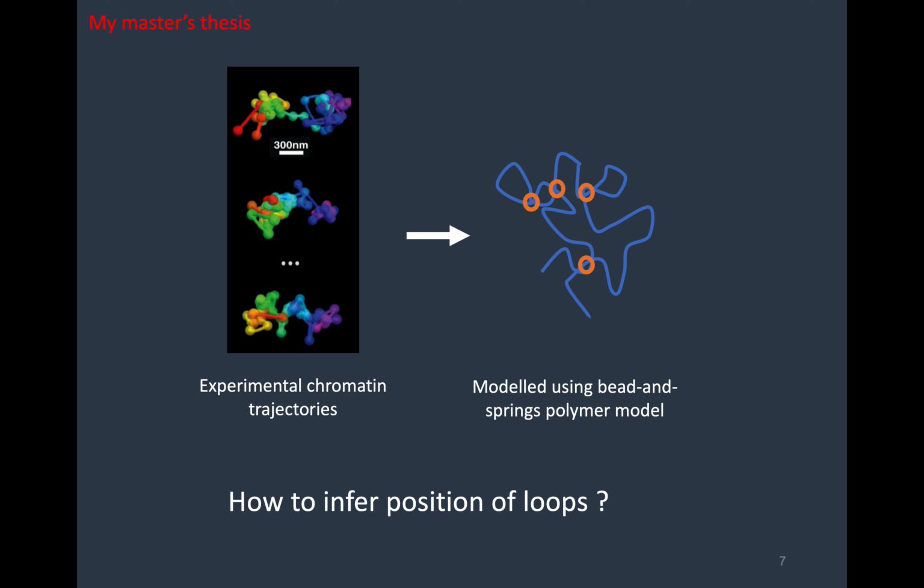Then using polymer modeling, I could map those trajectories and do a principal component analysis to infer the position. I'm not going to go into details here. I just wanted to present to you the general context of what I did.